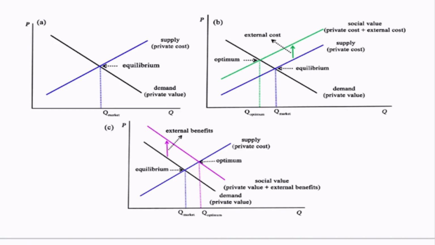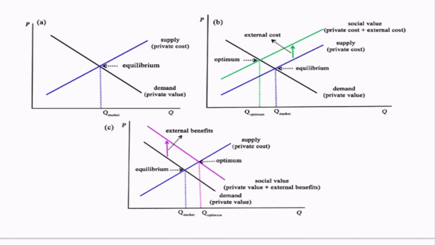But if you consider the external cost because of pollution and make the supplier pay that cost, the supplier would produce fewer cars, let us say 80. In this case the Q market would be 100 cars and Q optimum would be 80 cars, and the saving of 20 cars, the lower production of 20 cars, would result in environmental benefit.